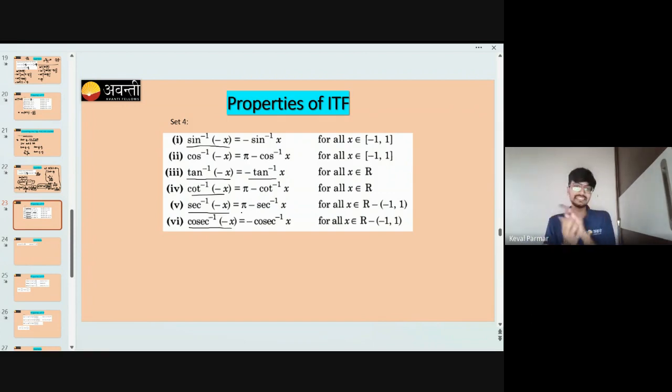Now, why does this change happen? This all happens because of the PVR. Since the PVR of sine, cosec, and tan is in the first and fourth quadrant, the output should be in the first and fourth quadrant. In the first quadrant, if the angle is alpha, then the corresponding angle in the fourth quadrant is minus alpha.